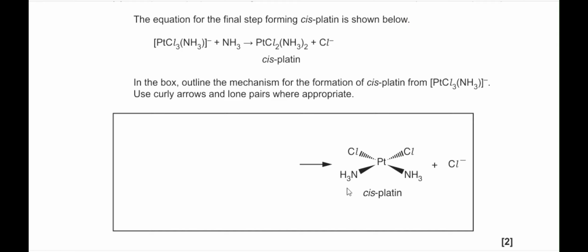So let us show the structure of the reactant first. Pt at the center, it has got 3 chloride ions linked to it and one NH3. Now let's make it as a 3D diagram with wedges as well as dashes.